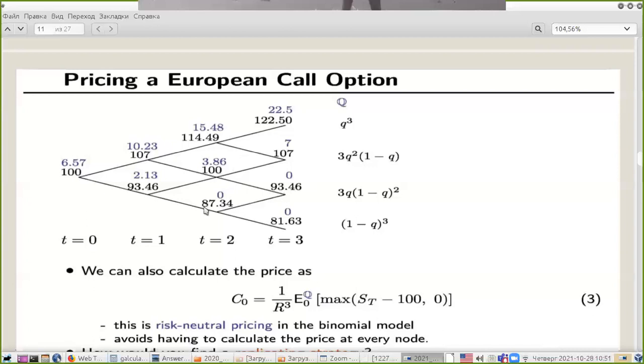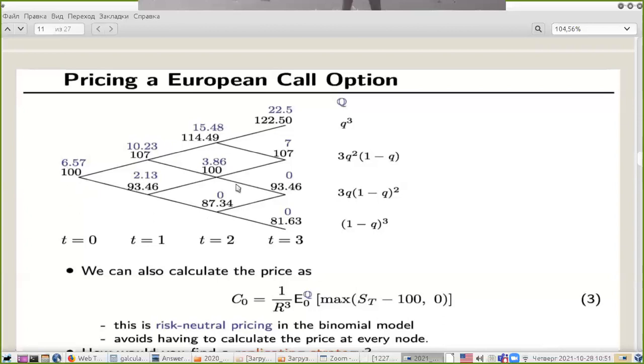After this, we consider this one period model and this period model, and only at the last step we consider this one period model, and we can get the option price, and it's as we estimate the premium of the option.